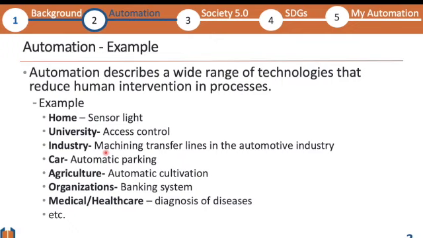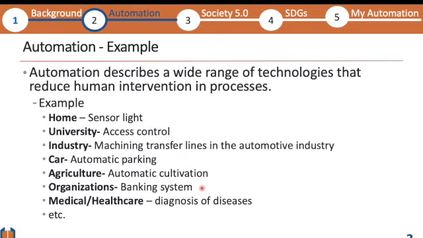If you think about a car, the modern car has the facility of automatic parking. In agriculture, there is lots of automation for automatic cultivation and automatic harvesting. In organizations, you will have a lot of software and hardware automation, such as the banking system, payroll system, and financial system that controls the organization.